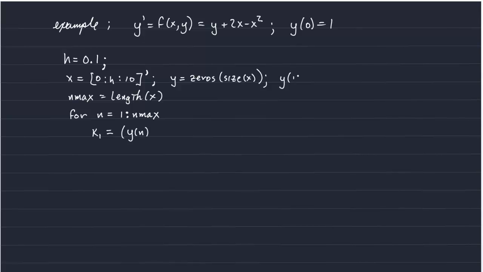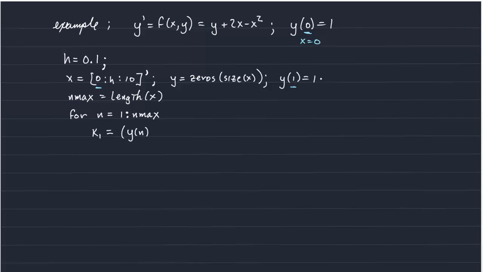So y1 is equal to 1. This is the first value of y, which corresponds to x equal to 0. Okay, so the initial condition was x equals 0, which is the first value in our vector of y in our MATLAB code here.